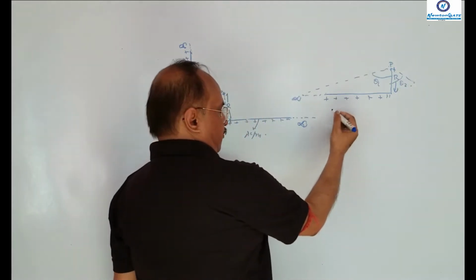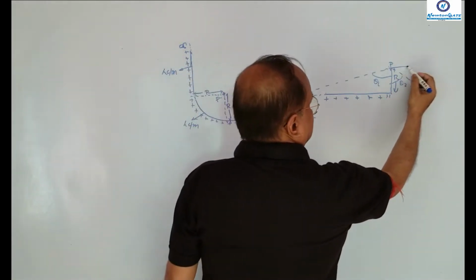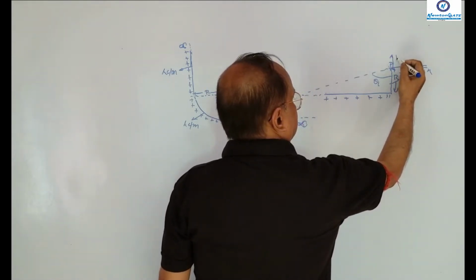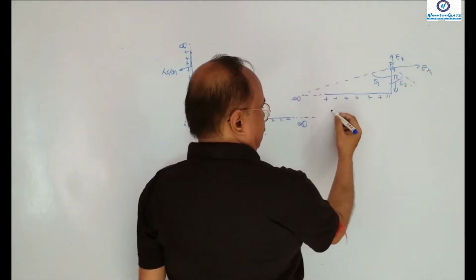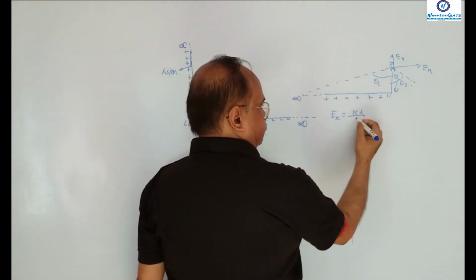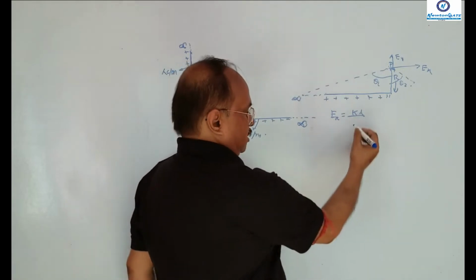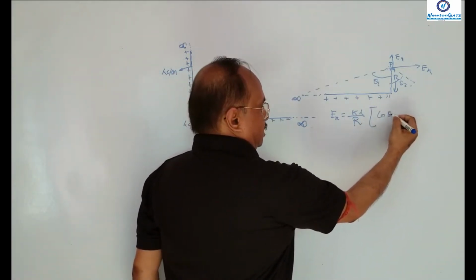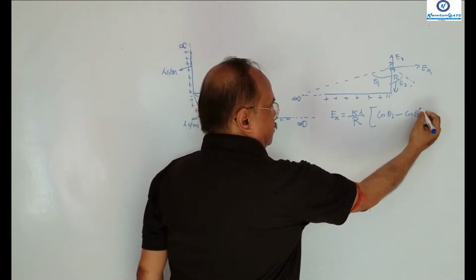So you know the formula for Ex, and then it will be your Ey at this point. Ex is equal to k lambda by r into cos theta 2 minus cos theta 1.